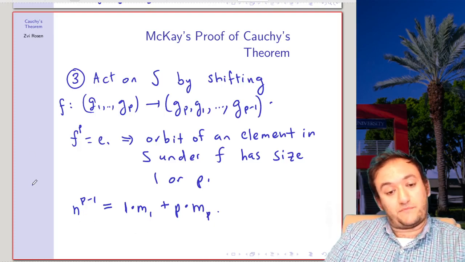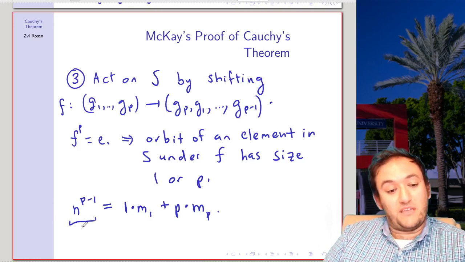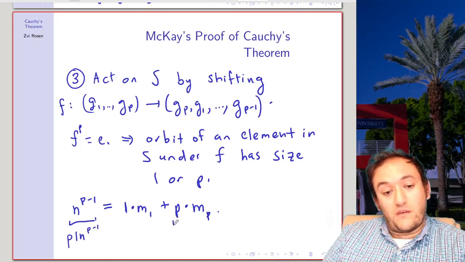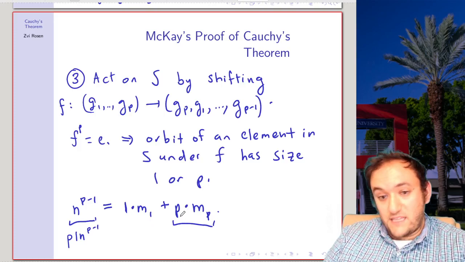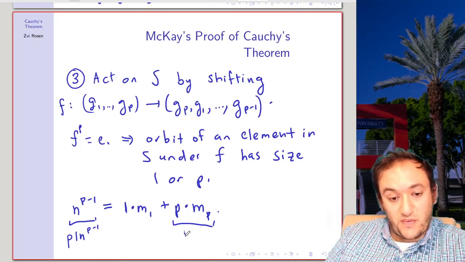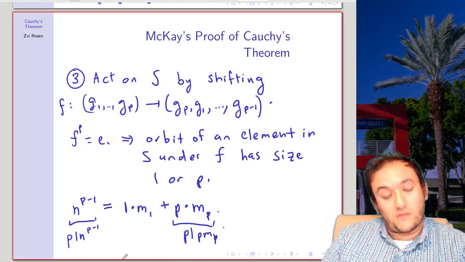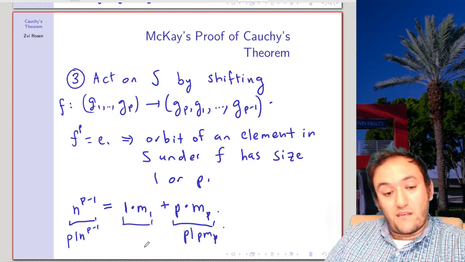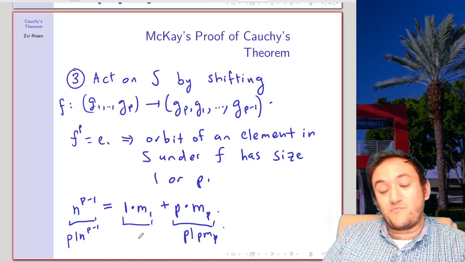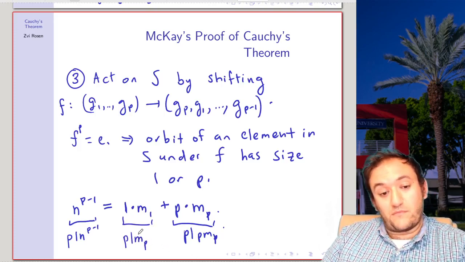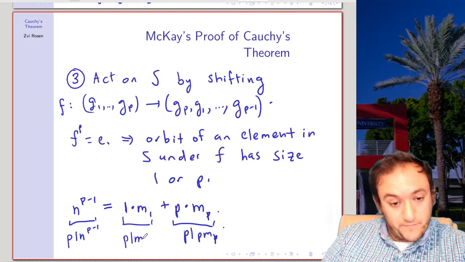Well, we know that p divides n. So p divides n to the p minus 1. And we know that p divides this because you have a factor of p. So that means that p has to divide the number of classes as well. p divides m1.